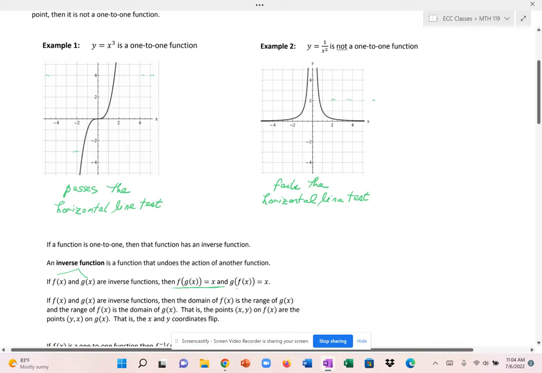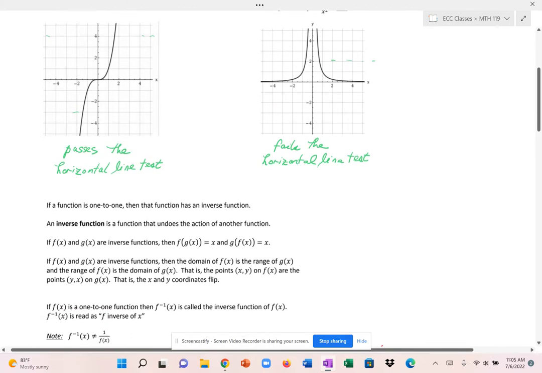And the reverse is also true: if I do g of f of x, the answer would just be x. In other words, the input value would be the answer. No matter what x is, when you take the composite of two inverses, you just get the x back.